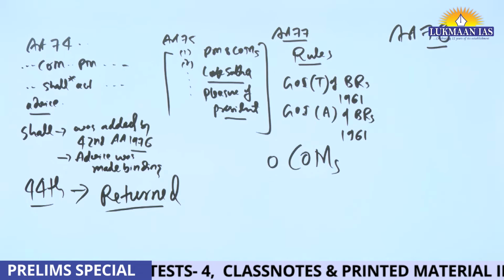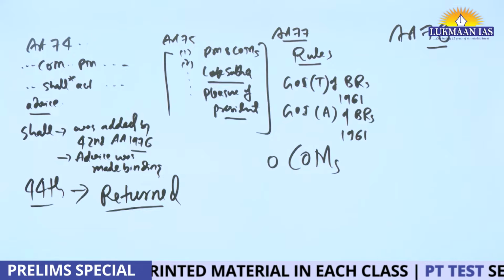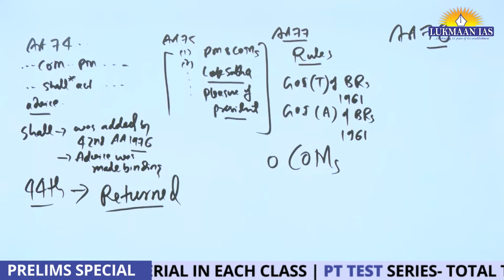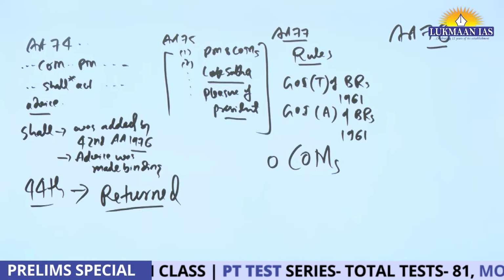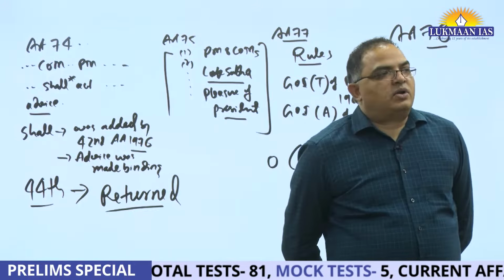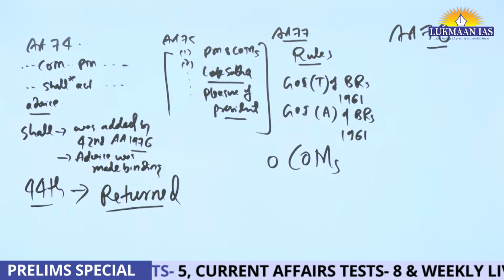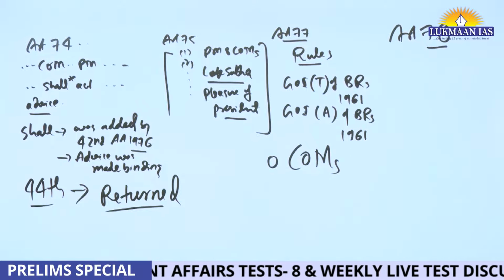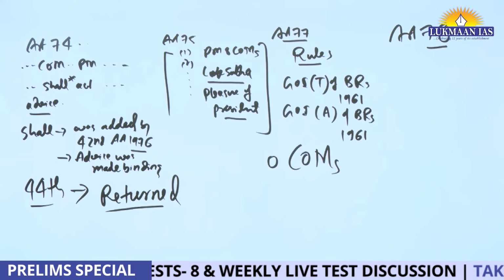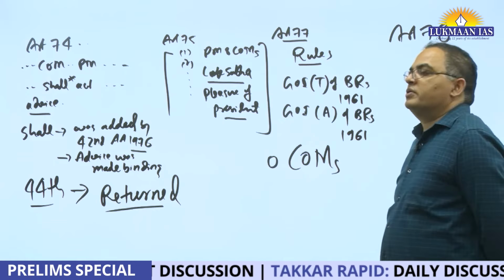In his return advice, he stated that law and order was not a ground for imposition of President's rule.